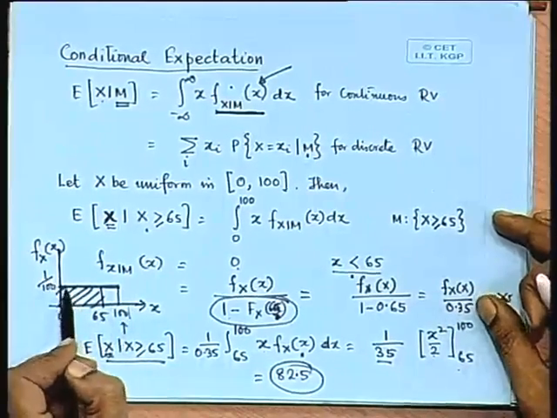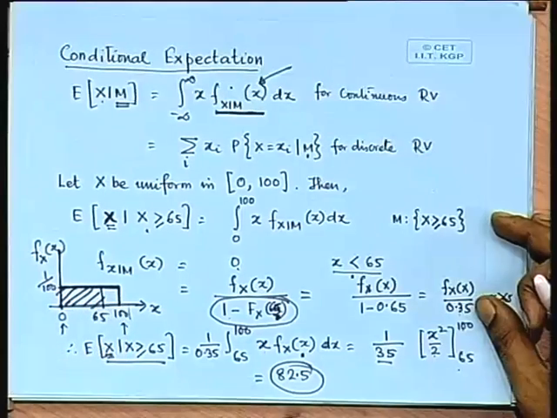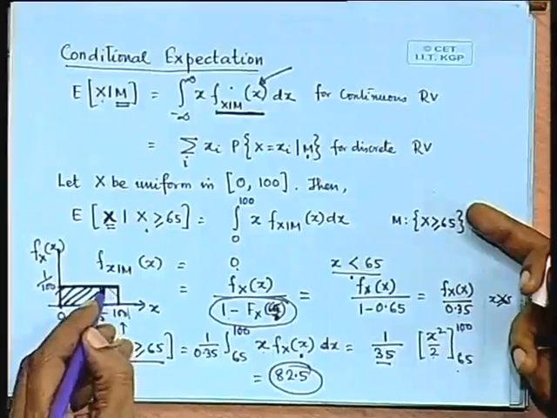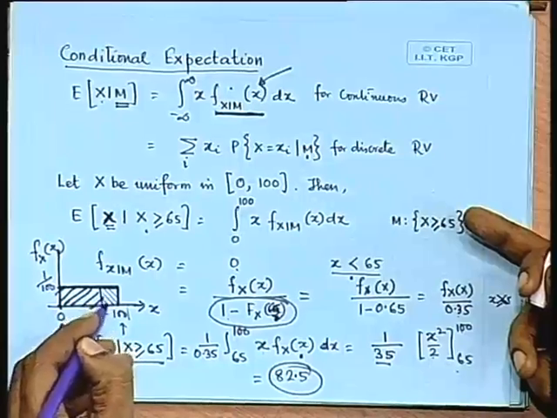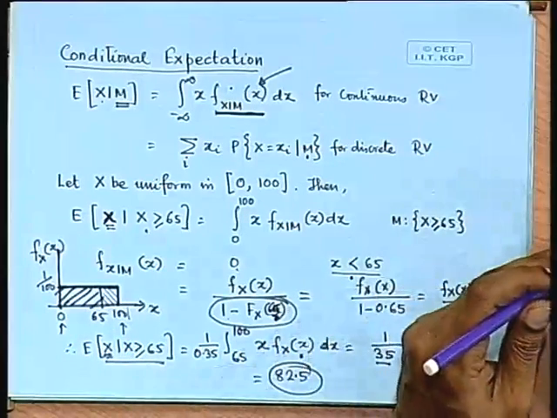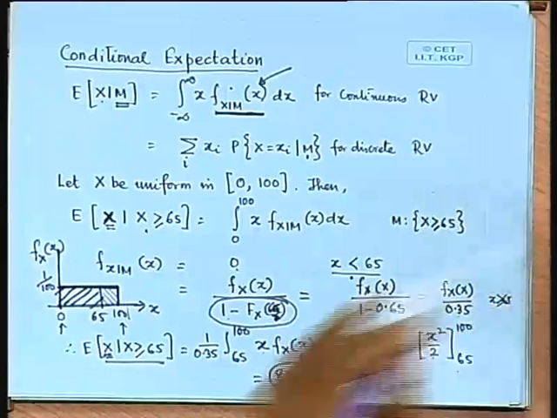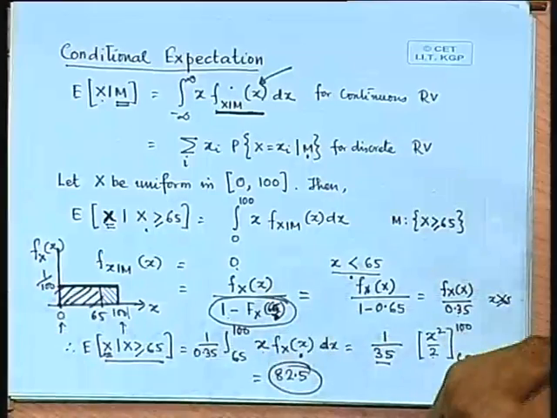So if you pick a random person from the street, what is the probability that his age is greater than 65? Obviously it is going to be 0.35, that is 100 minus 65 times 1 by 100.